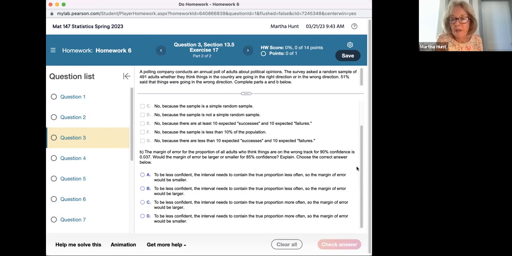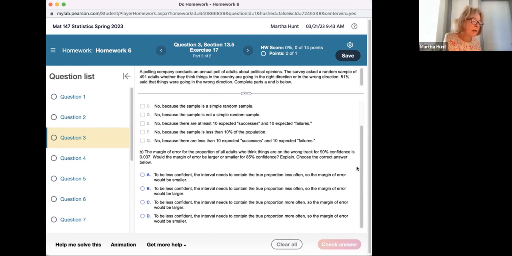The margin of error for a 90% confidence interval is 0.037. Now, if we reduced the confidence level from 90% to 85%, what would happen? In my mind, I'm thinking about that z-score.